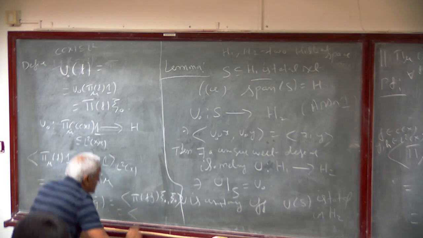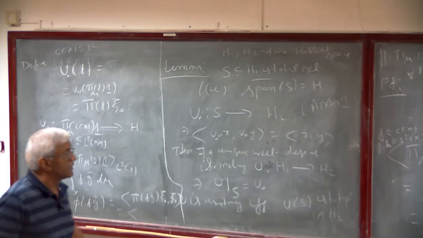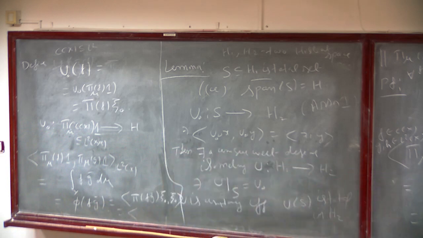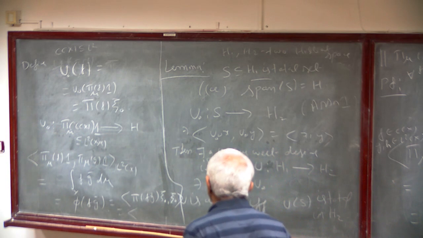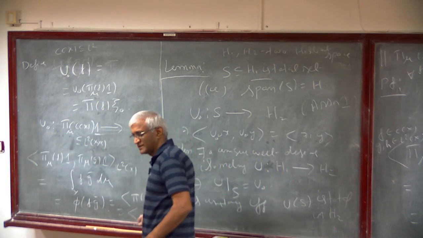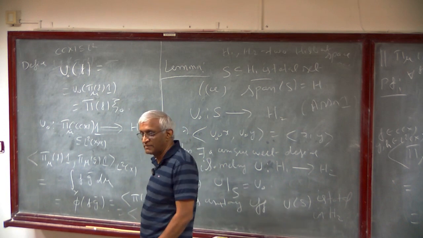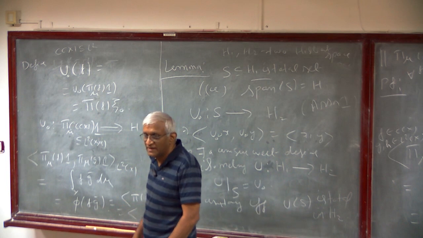Why am I getting it flipped? But that's okay. These are commutative, so it's okay. You can take the bar and bring it here because it's commutative. It's okay.